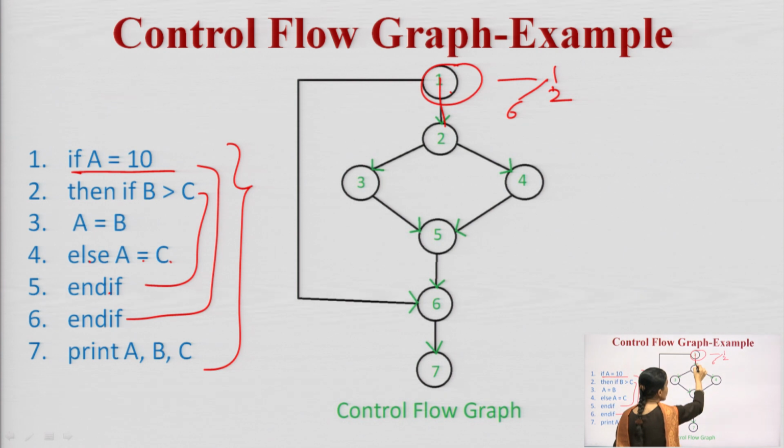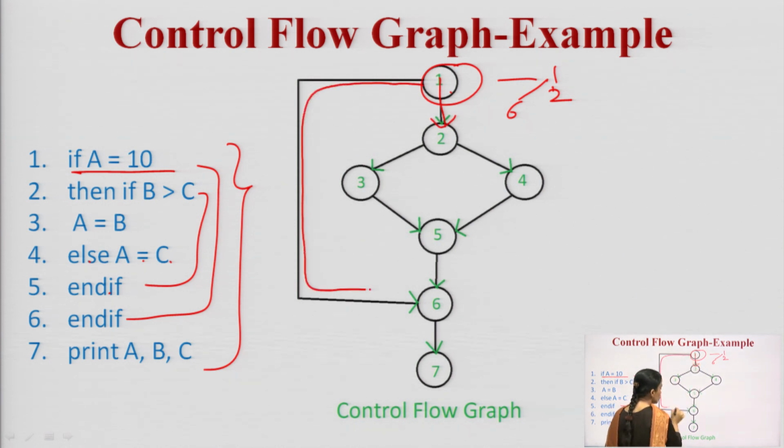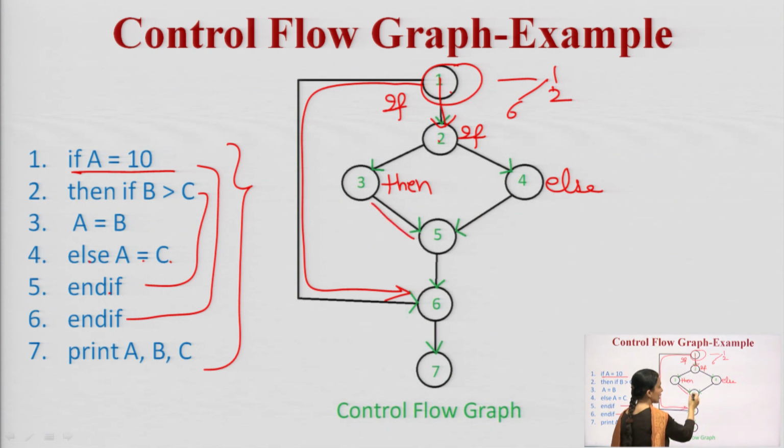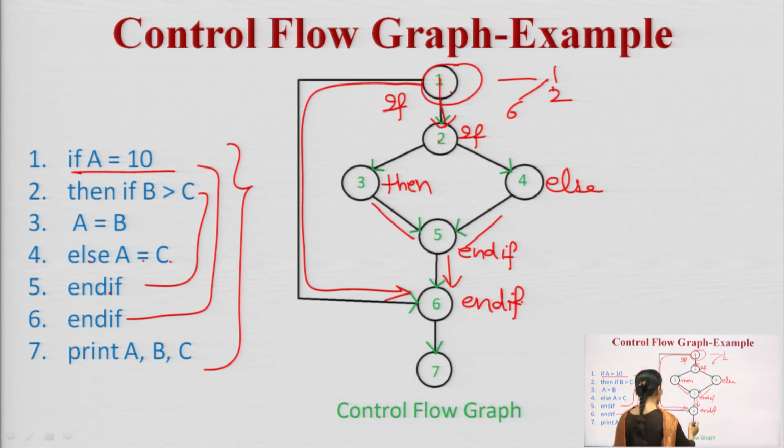So, 1 to 2 is one path and 1 to 6 is another path. Then at 2 there is again an if statement. Either I will go to then 3 or to else 4. Again I will meet at 5 and the end if. From 5 to 6 I move to the outer end if, and then I print ABC.